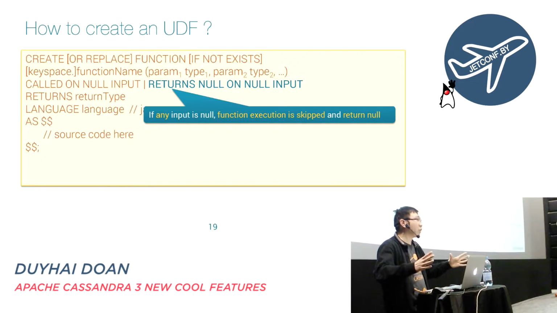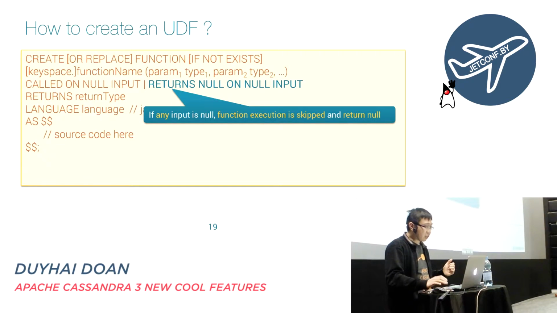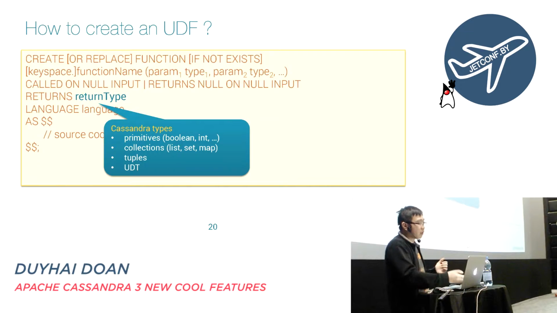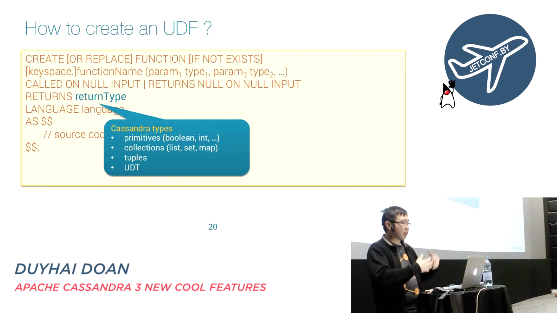So you are sure that you will never have a null pointer exception. Return type: you can define the type of the returned data. It can be any Cassandra type, a primitive value, a collection such as list, set, and map, a tuple, or user-defined types.